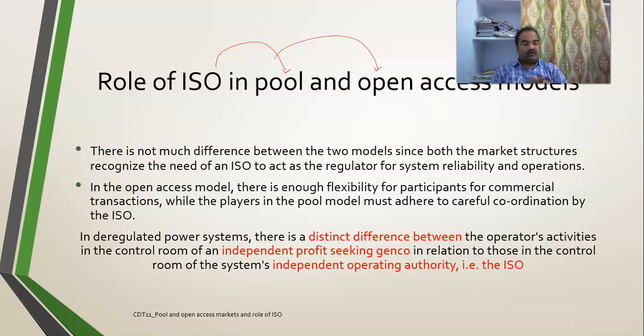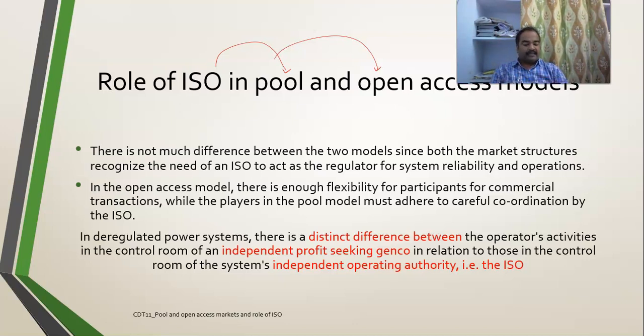But in the open access model, there is greater flexibility for the consumers. They can choose either bilateral contracts or the pool access model. And in this case, the ISO must have greater responsibility because he is supposed to coordinate both bilateral contracts and pool markets.